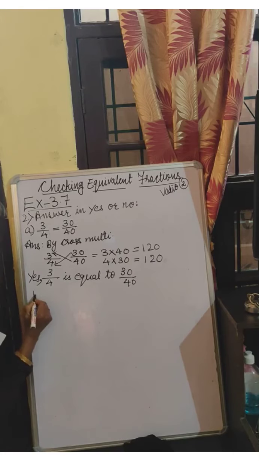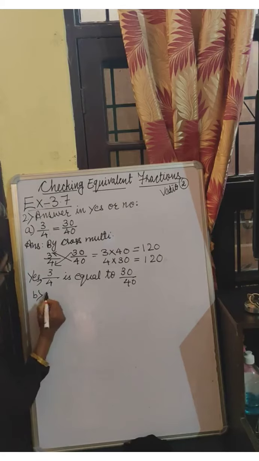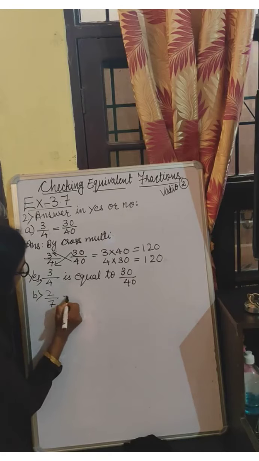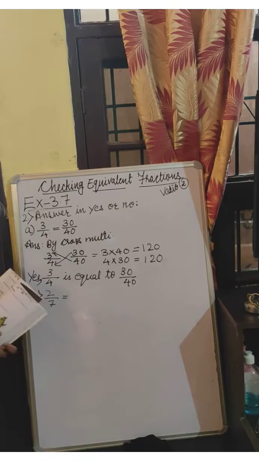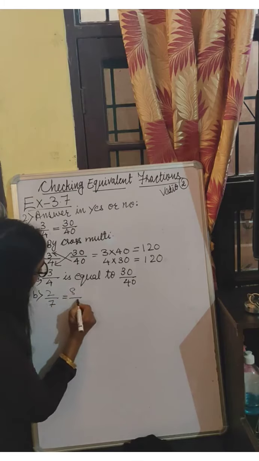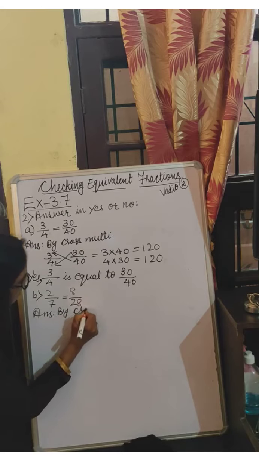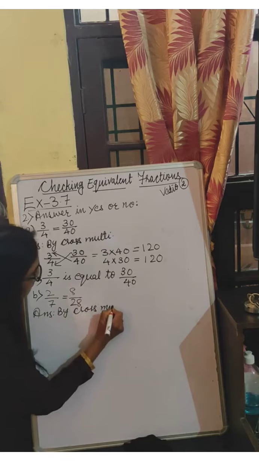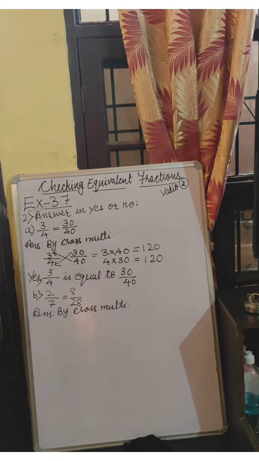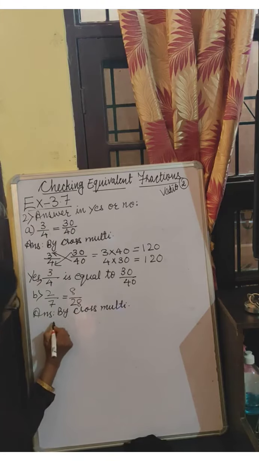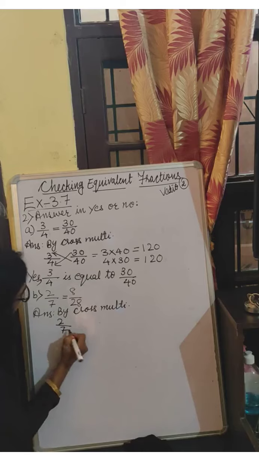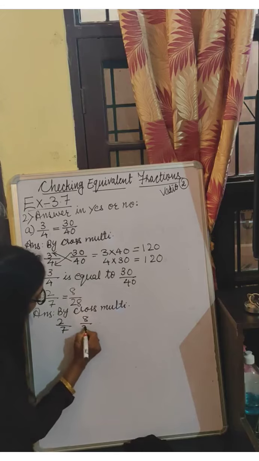Now question number B. The same way you will do 2 upon 7 equal to 8 upon 28. So answer by cross multiplication. Okay, 2 upon 7, 8 upon 28.